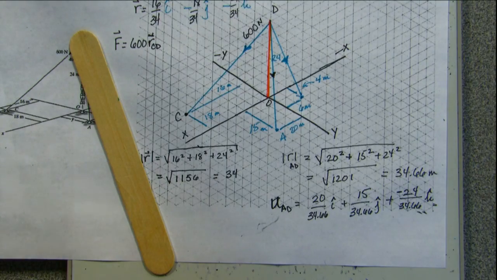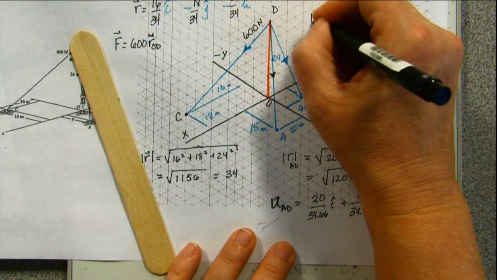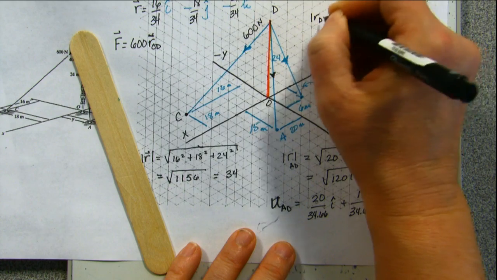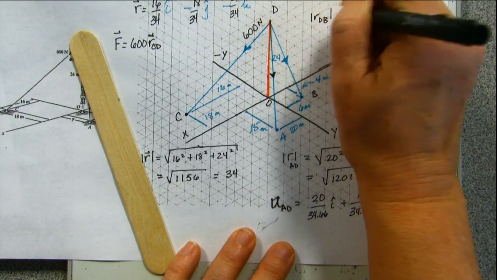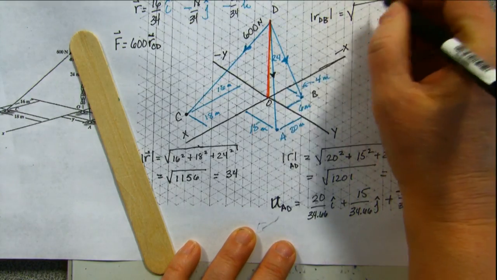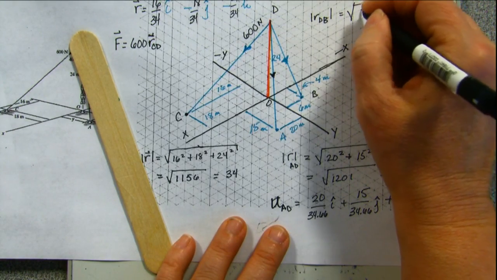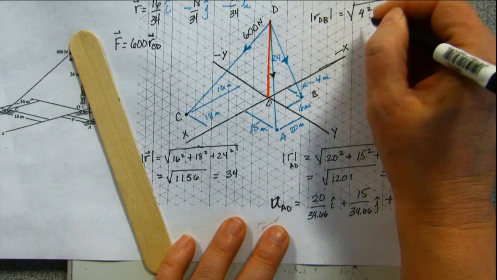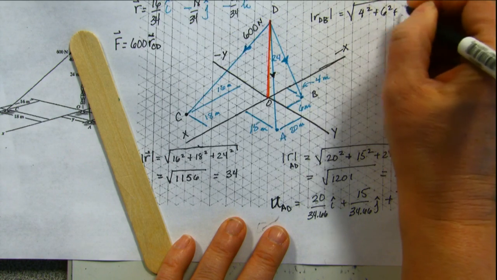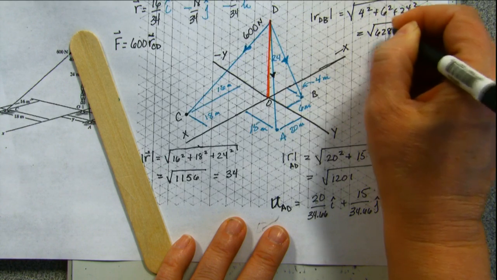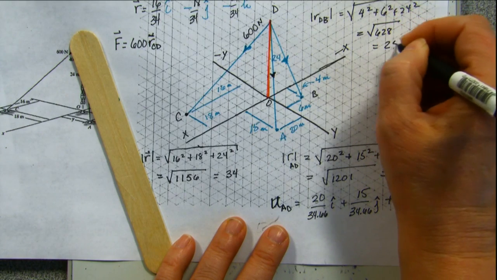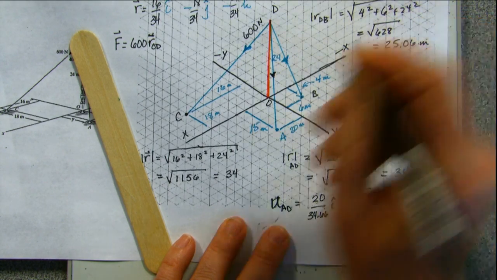So we can do the square root thing. This is the magnitude of RD, we'll call this B, RDB. It's going to be the square root of 4 squared, 6 squared, plus 24 squared. That gives me the square root of 628, which is going to give me 25.06 meters.